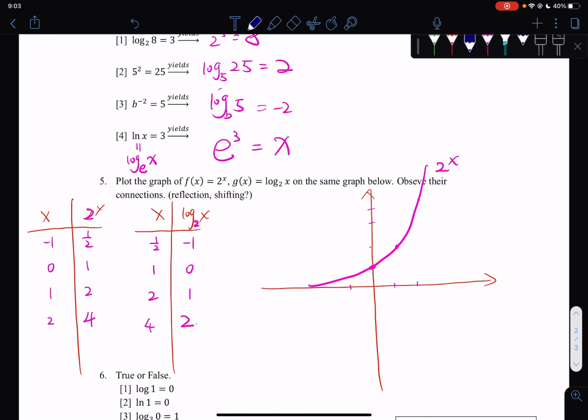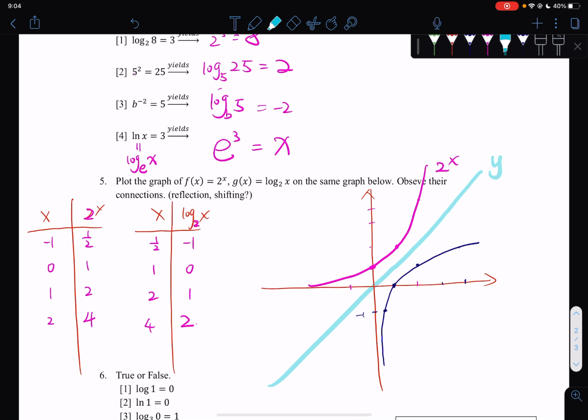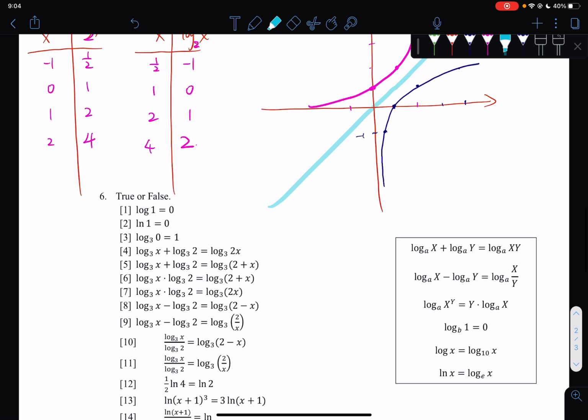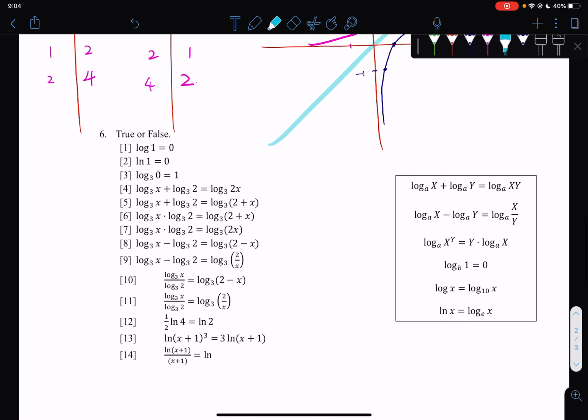Your graph for the other function goes with horizontally 1/2, negative 1, so it's somewhere here, 1, 0, and then 2, 1, which is here, and then 4, 2. So your graph looks like that. As a matter of fact, their connection is a reflection with respect to the line y equals x because they are inverse functions. The last problem, we went over those very carefully in class.